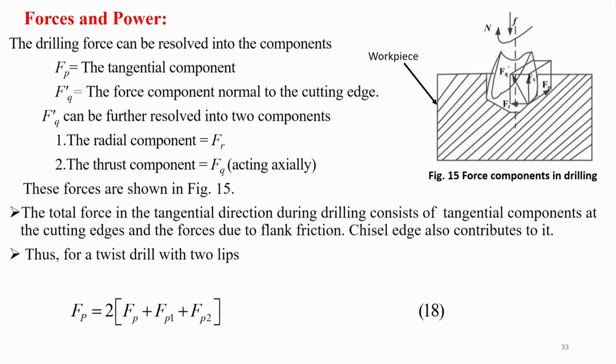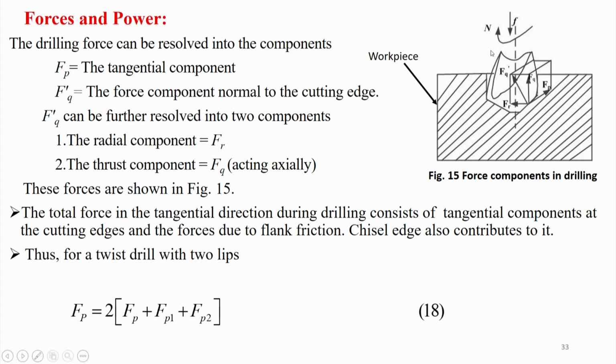Total force in the tangential direction during drilling consists of tangential components at the cutting edges and the forces due to flank friction. Chisel edge also contributes to it. Thus, for a twist drill with two lips, Fp is equal to 2Fp plus Fp1 plus Fp2.